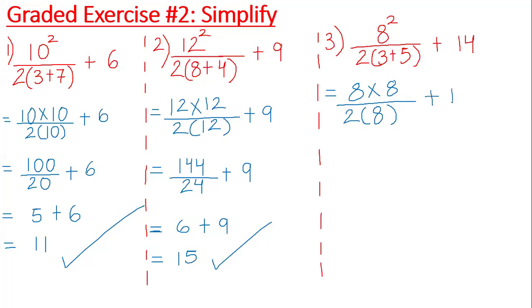So 8 times 8 is 64 over 16 plus 14. So you divide 16 into 64. It gives you 4. So 64 divided by 16 is 4. Plus 14. 4 plus 14 gives you 18.